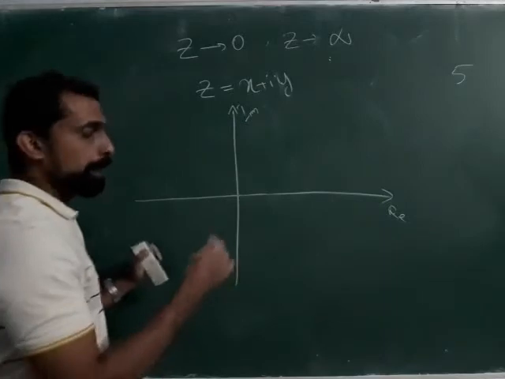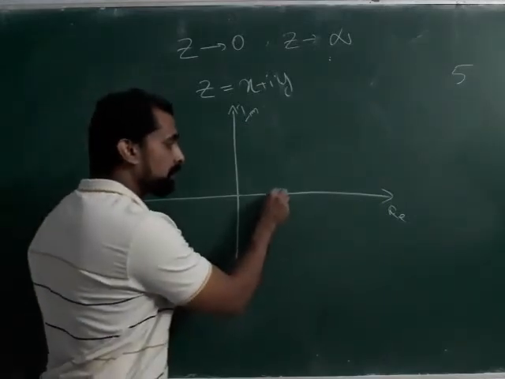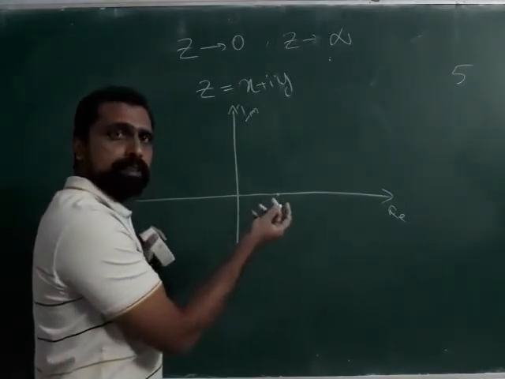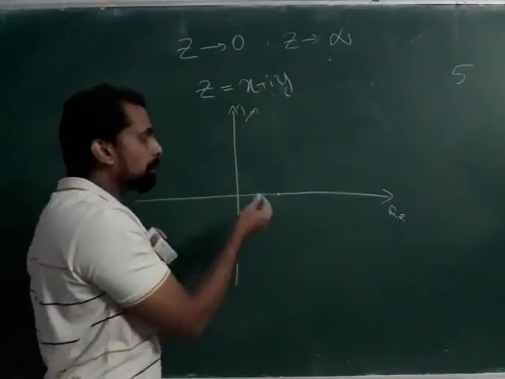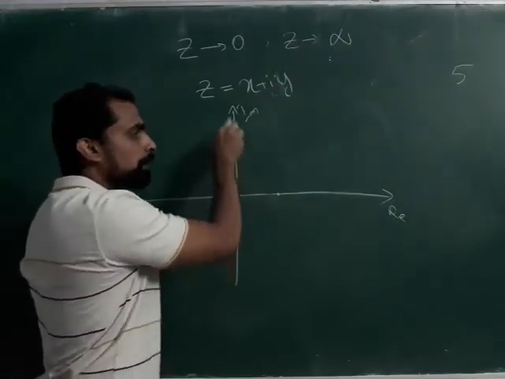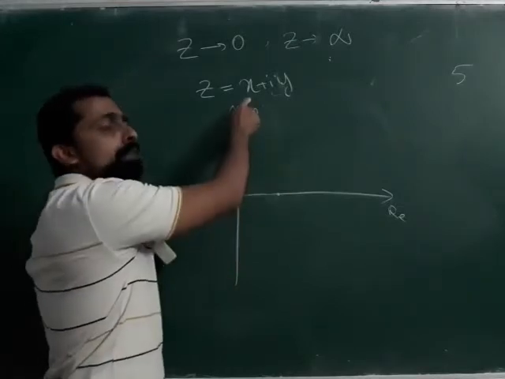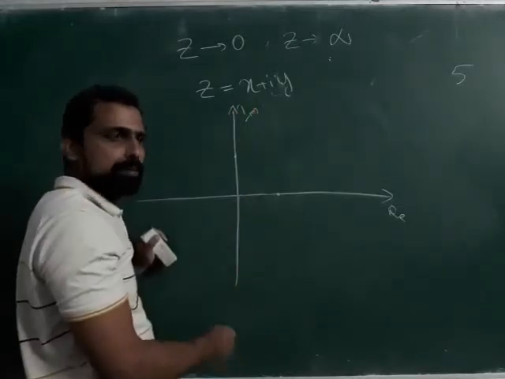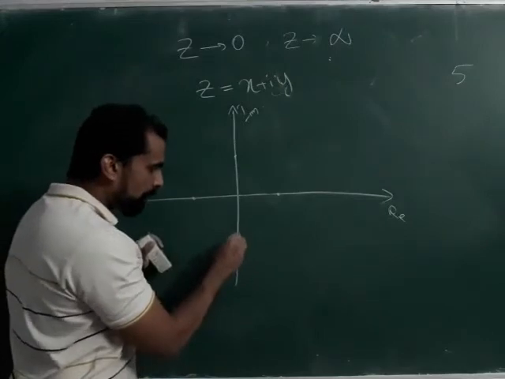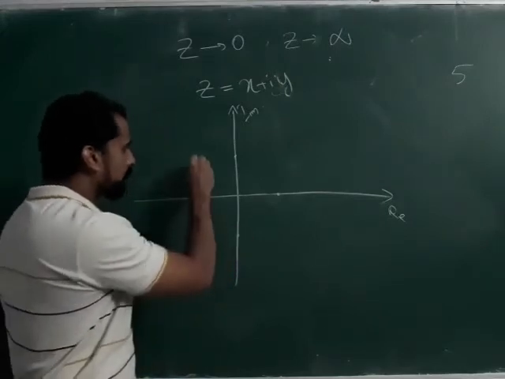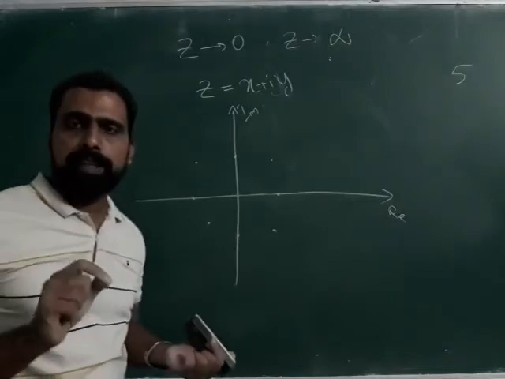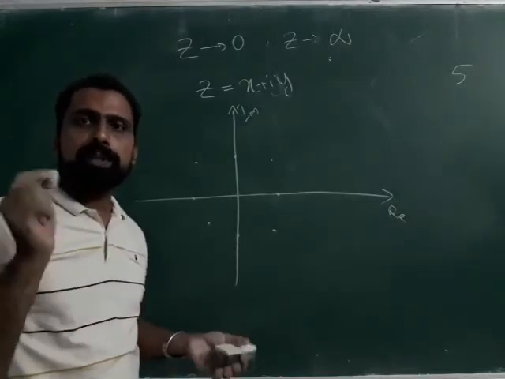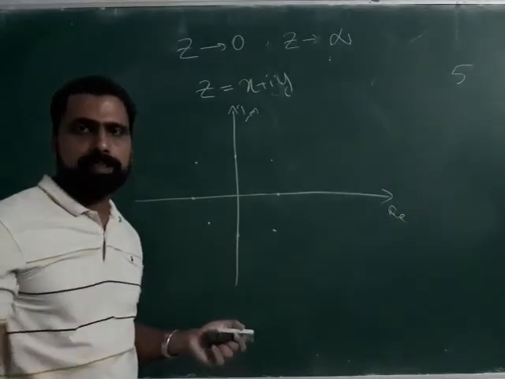Isn't it? It may be exactly on the real axis if you don't have any y value. It may be purely on the imaginary axis if it doesn't have any x value, or maybe here, or maybe here, or maybe here. It depends upon the value of x and y, where your z is located.